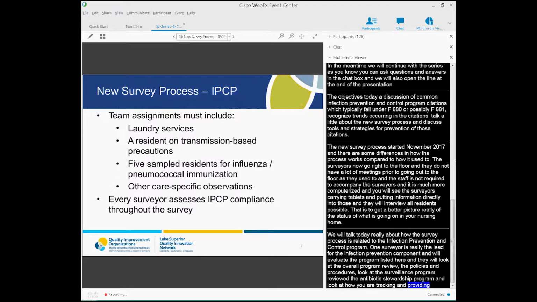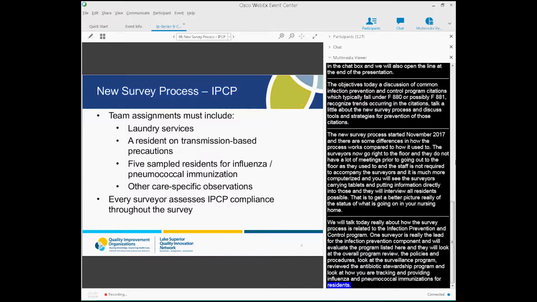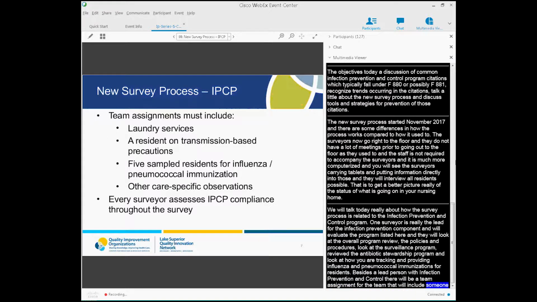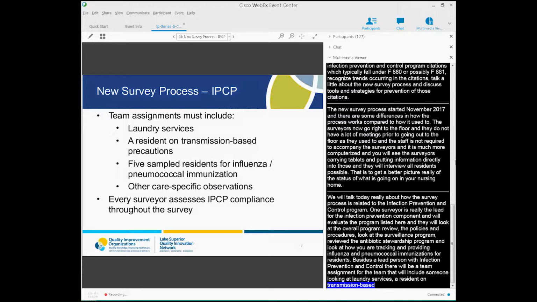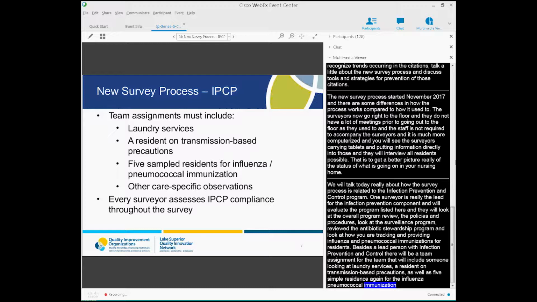And besides the lead person with the Infection Prevention and Control Program, there's also going to be a team assignment for the team that will include somebody looking at your laundry services, resident on transmission-based precautions, as well as 5 sampled residents, again, for that influenza pneumococcal immunization, and they will be doing other care-specific observations. Please remember that every survey is assessing infection prevention and control compliance as they are throughout your building.